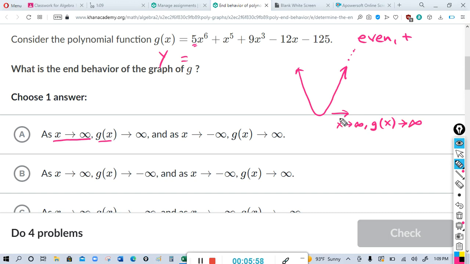All we're saying is, as x goes to infinity, the farther right this graph goes, it just keeps going higher and higher up. On the other side, it's the same thing. They want to know as x goes to negative infinity, that's this way. The further you go this way, this keeps going up, up, up. So the y coordinate goes to infinity as well.